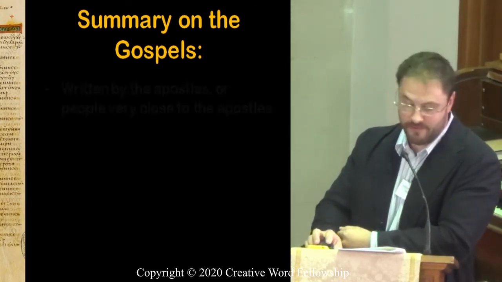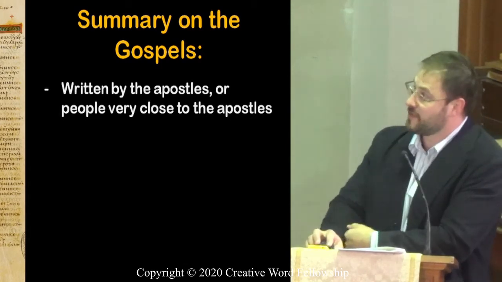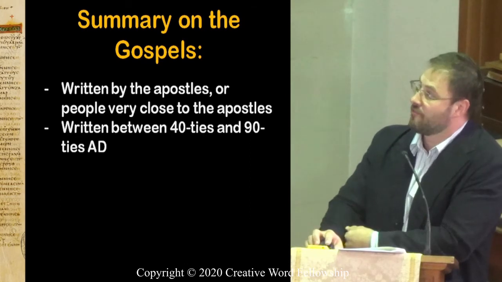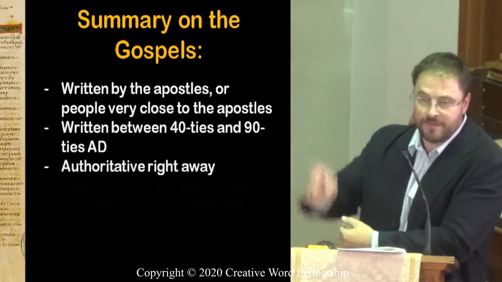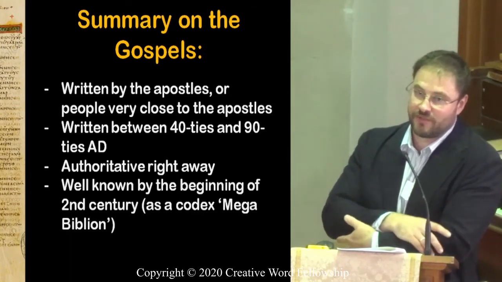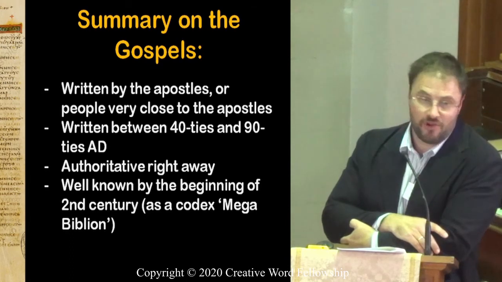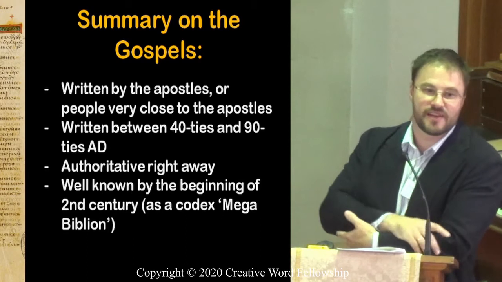So, a summary on the Gospels. What we can say is we know they were written by the apostles or people very close to the apostles, between the 40s and 90s AD, authoritative right away. Justin Martyr, a second-century Christian teacher and philosopher, wrote that the Gospels and Paul's letters are read in the divine service.